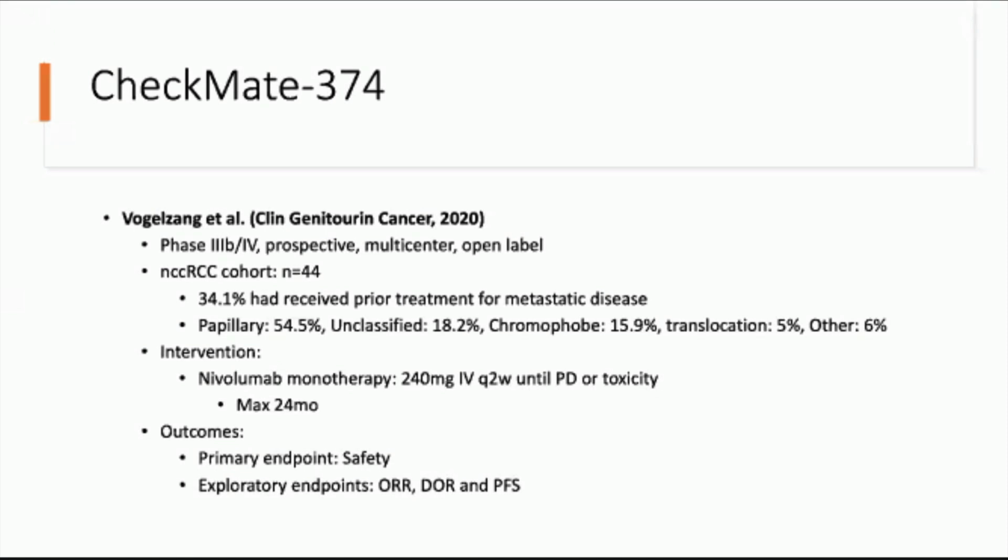And patients were treated with nivo every 2 weeks until disease progression or toxicity occurred. Their primary endpoint focused on safety, and their exploratory endpoints were objective response rate, duration of response, and PFS.